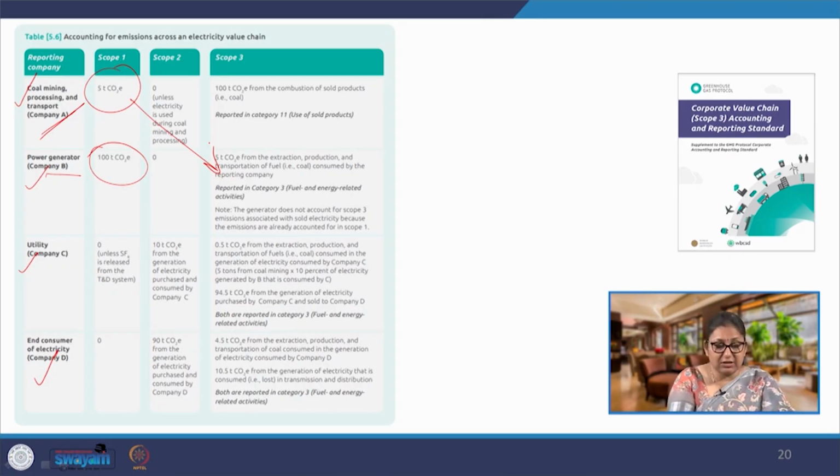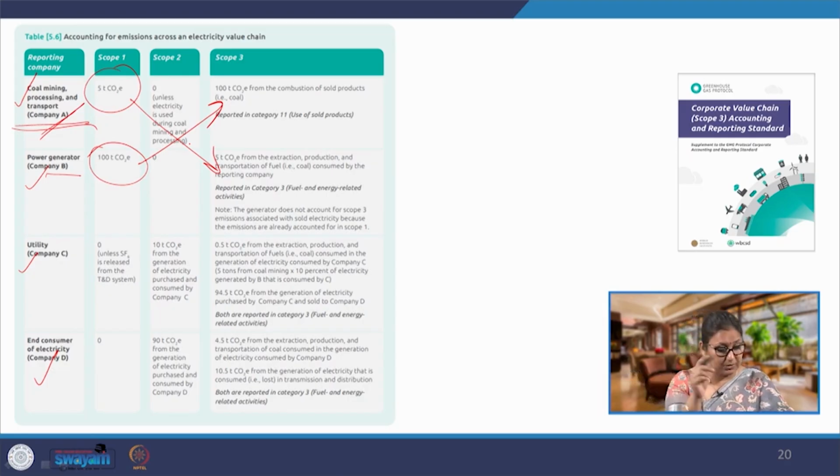So, that 5 ton is actually going as scope 3, and for the company downstream, this 100 ton is going as scope 3 activity. For the utility company, whatever emissions are happening from the generation are actually going either in scope 2 or scope 3, because they are only distributing.